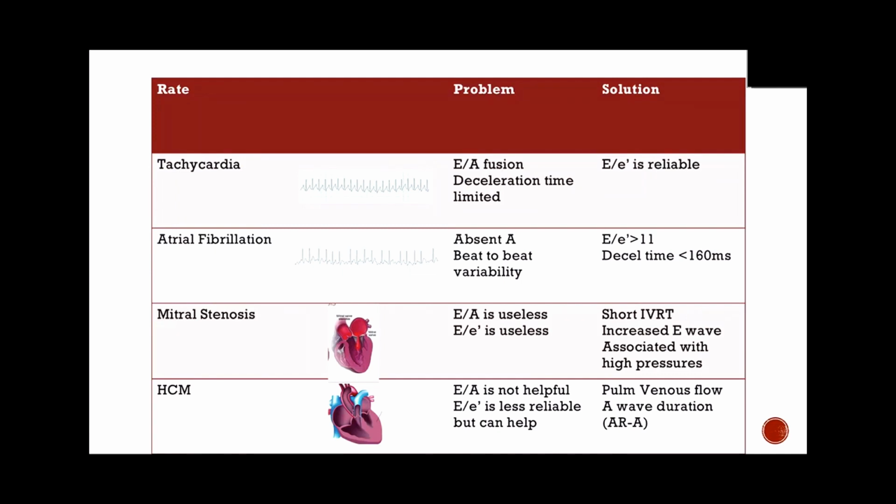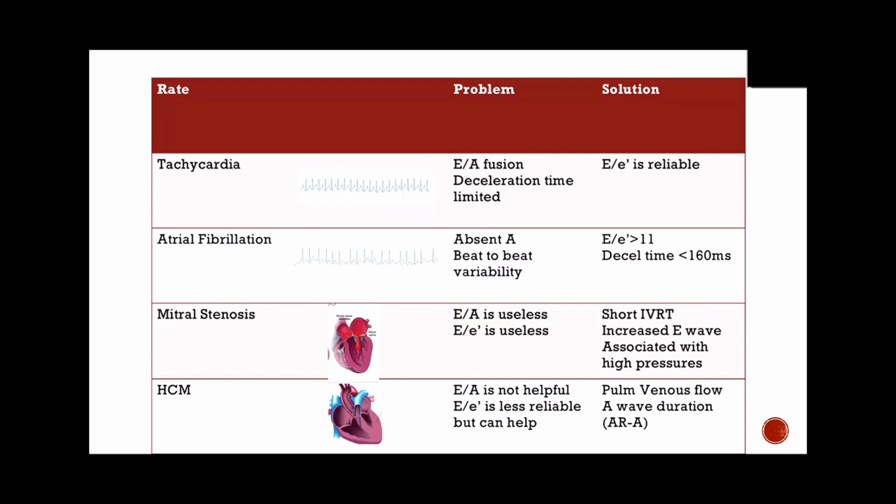And at high enough heart rates, your E and A wave will actually fuse. And so that gives you a really hard time at figuring out what's the ratio between your E to A. So in the setting of tachycardia, you can't really use your deceleration time, and your E to A are fused. So the one thing that you can use to assess for diastolic dysfunction is your E to E prime ratio. So the peak of that fused wave will most likely be your E wave, and you can use that as a calculation of your E to E prime.